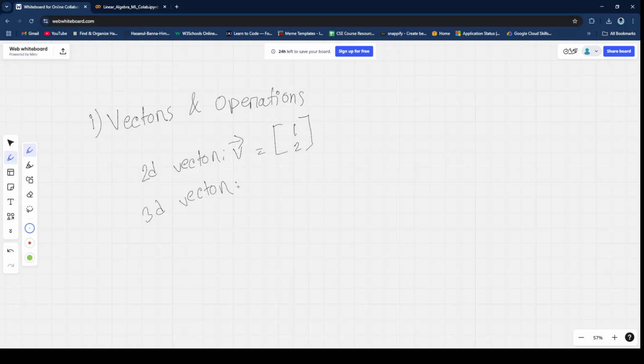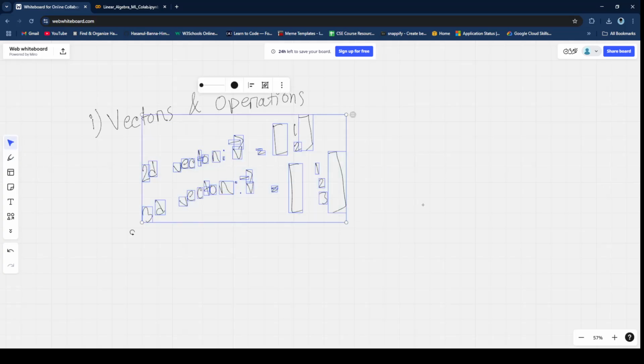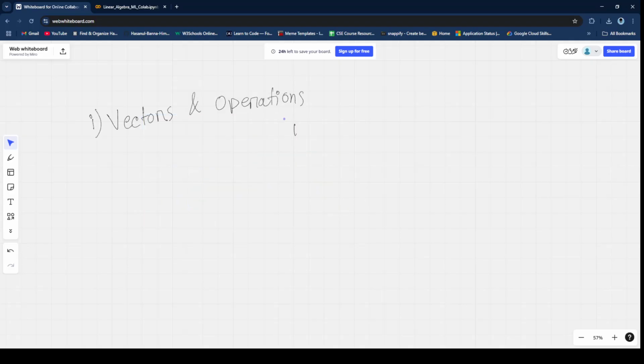And a 3D vector we can understand: if a 2D vector is in two-dimensional space, a 3D vector will be in three-dimensional space, represented like 1, 2 and 3. It can be any values, like 4, 5, 6, it can be a negative value, it can be anything.